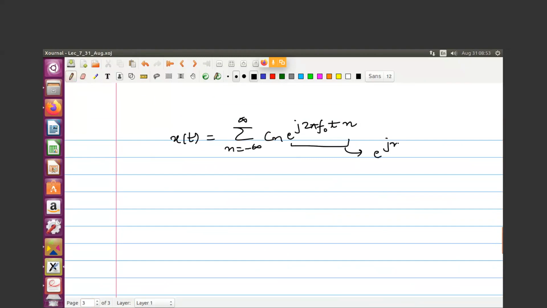This is what we remember from signals and systems, where omega naught was nothing but 2 pi by T naught, and T naught was the period of the signal.